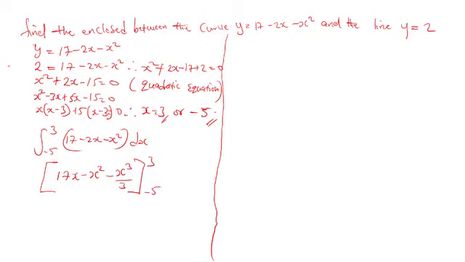Remember the rule we are using in integration. Our rule for integration, let me put it at the top here, is x to the power n plus 1 over n plus 1. I'm stating it here so that you apply it at this point.